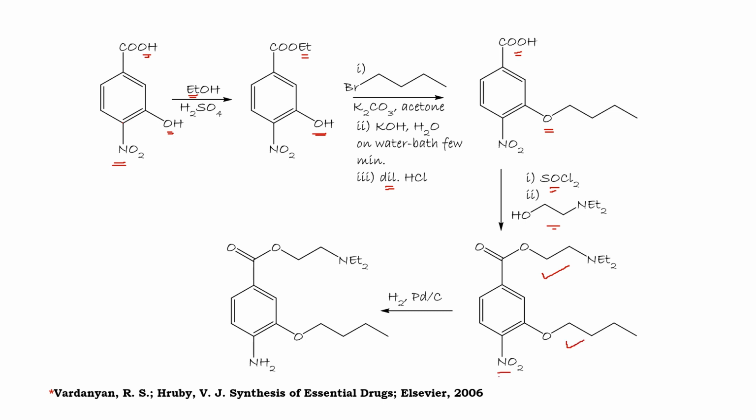All what we need is convert NO2 to NH2. We can do that with hydrogen and catalyst like palladium on carbon or Raney nickel. This method is reported in Synthesis of Essential Drugs 2006. That's general procedure for this type of compound.